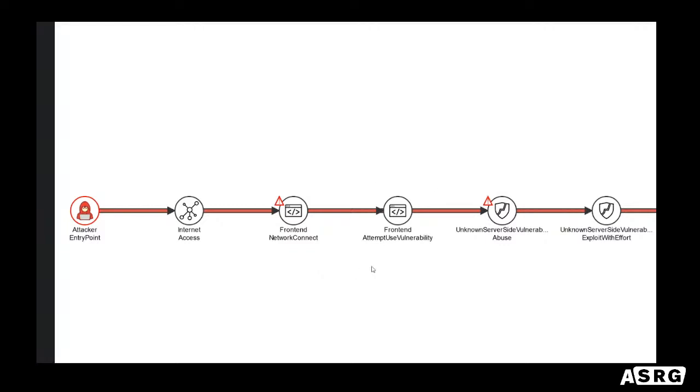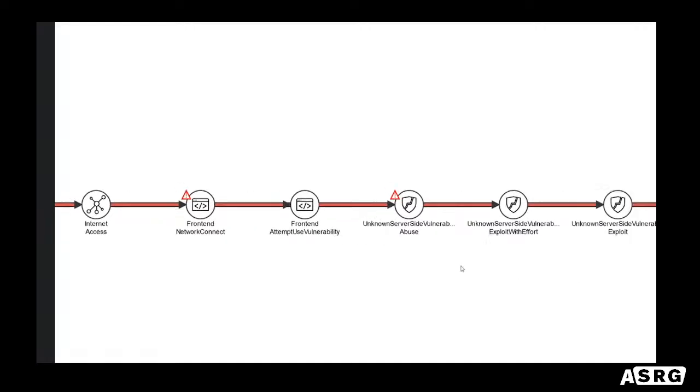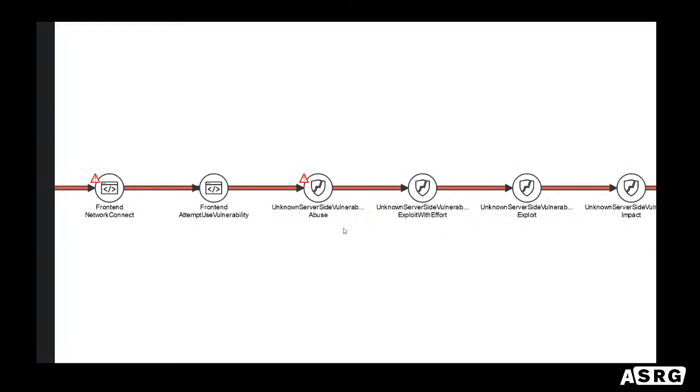But attempt to use vulnerability, that's not really intended. And then we see the first phenomenon of this unknown server-side vulnerability, because in the high-level architecture diagram, we don't have information about the security status of this one. So here we have a representation of the case that there might or might not be some security issue here that the attacker might make use of.